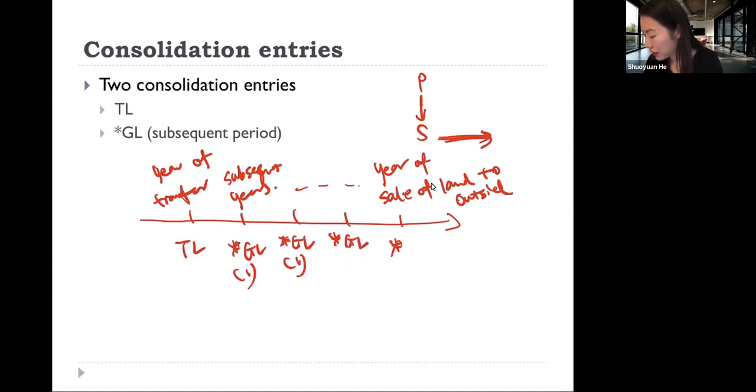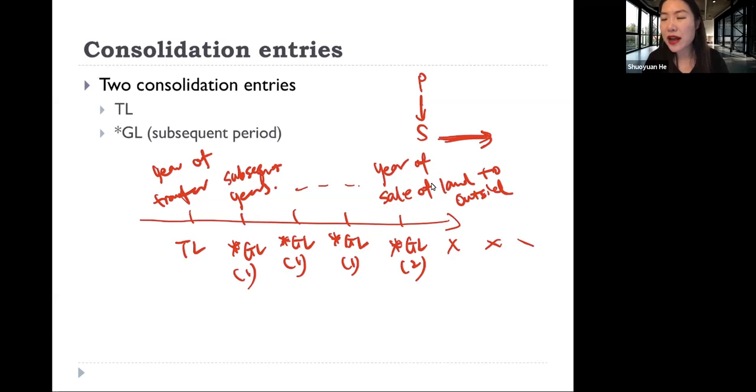So in all of the subsequent years until the year of sale, we use the first version of the *GL entry. And in the year of sale, we use the second version of *GL entry. And after this piece of land has been sold to the outside party, we don't need to make any consolidation entries after that. So this is basically how it works.